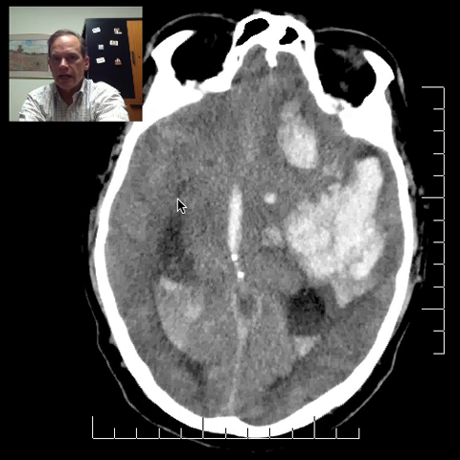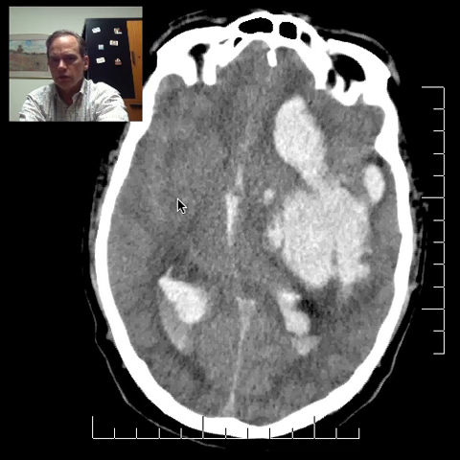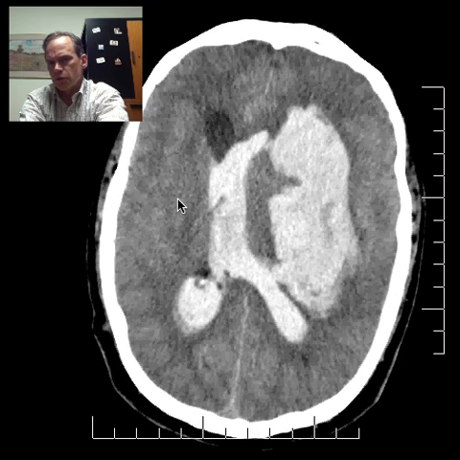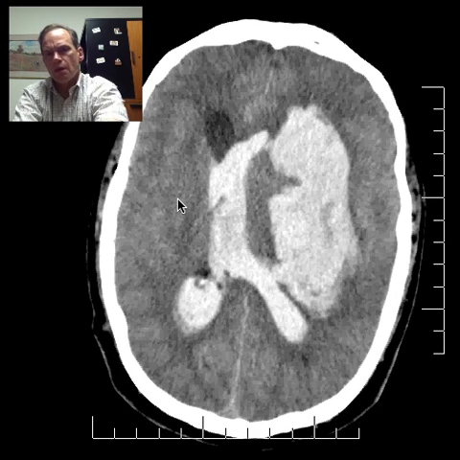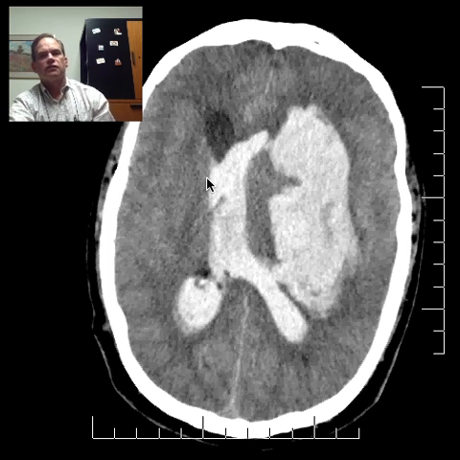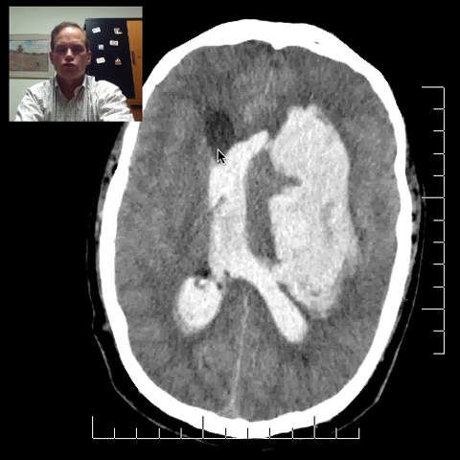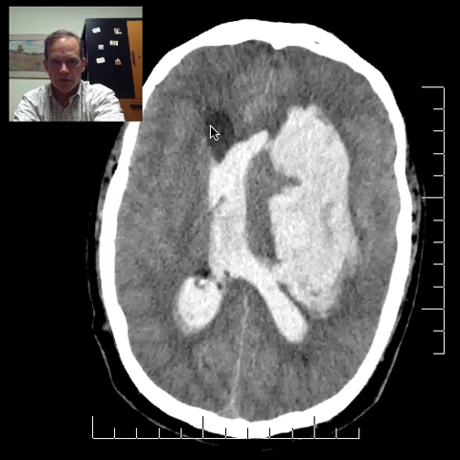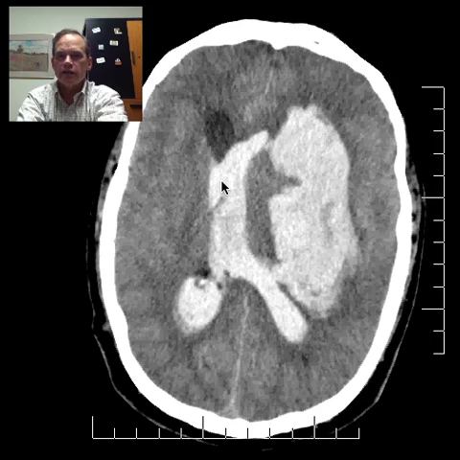Ordinarily, that ventricle, even if it were an older person, would be small to moderate in size. What happens is when you have midline shift to the right, you get cutting off of the drainage of the ventricle that you're pushing toward, and that impedes its ability to drain from the right lateral ventricle into the third ventricle.